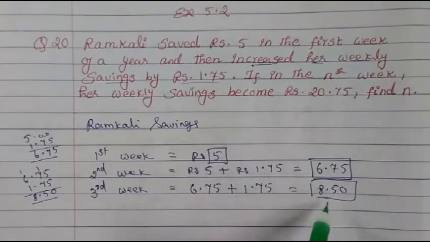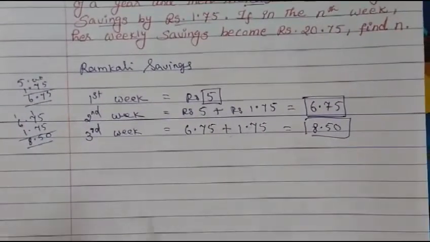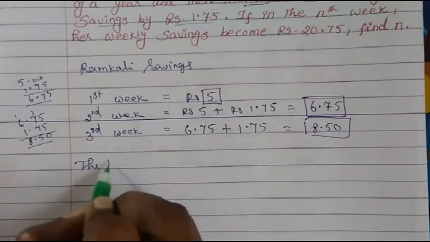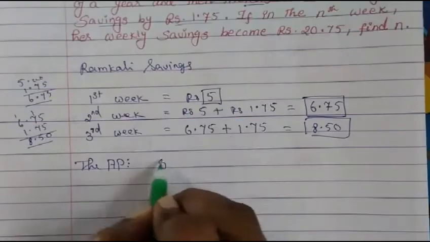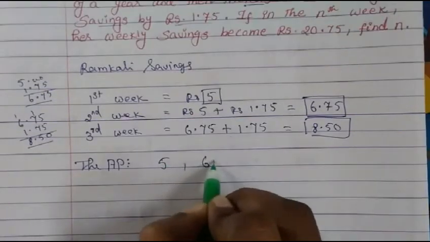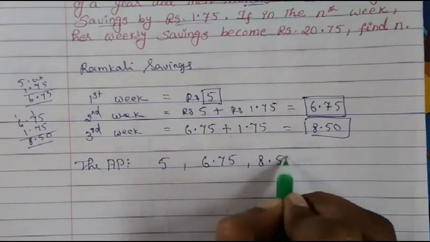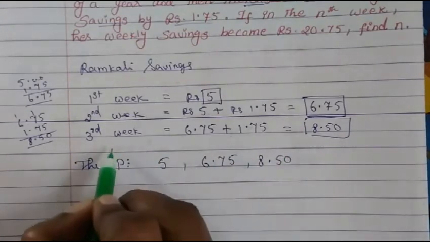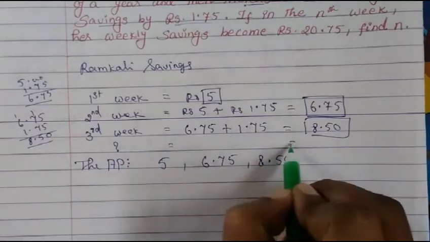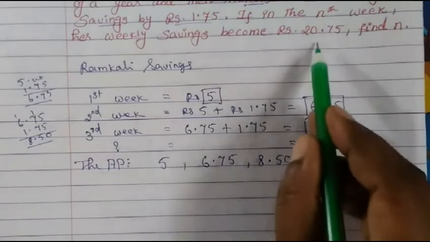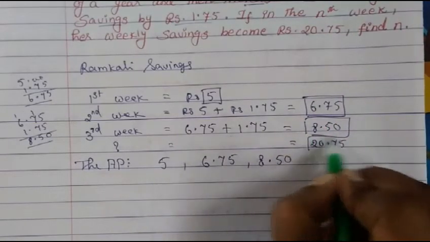So this now became an AP. So let's write it down. The AP that is formed is first 5, then 6.75, then 8.50, and then we have to find out in which week it will be 20.75.